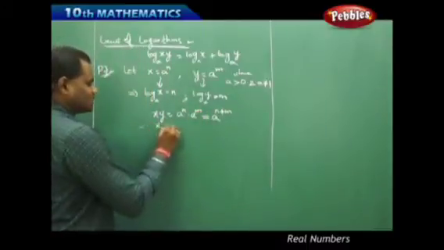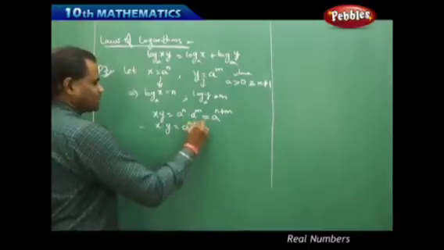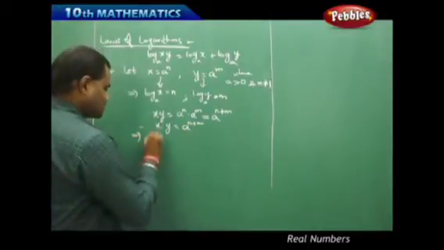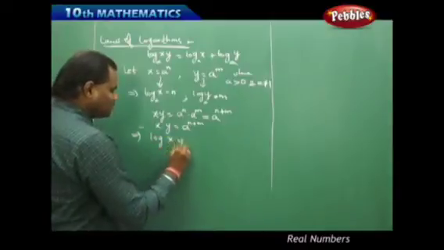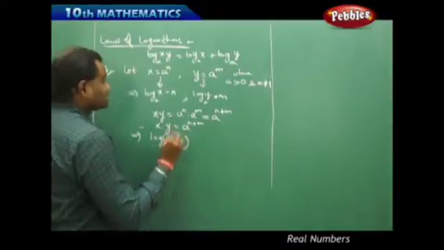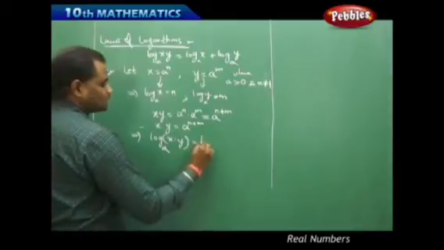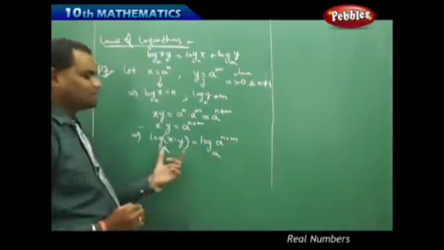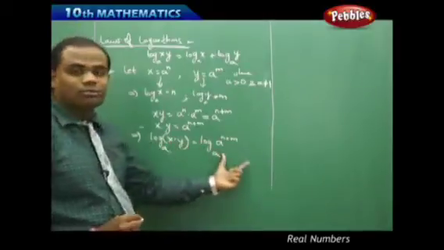Therefore x into y is a power n plus m, which implies I apply log on both sides, to the base a, so that I get log xy to the base a and log a power n plus m to the base a.